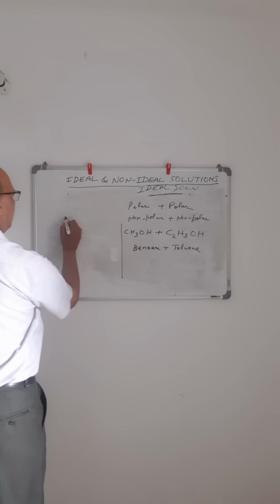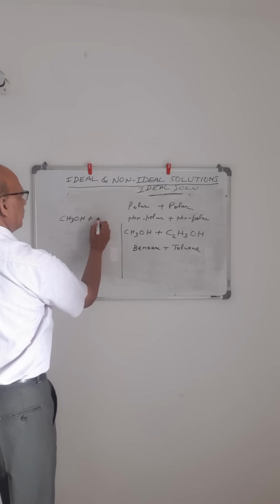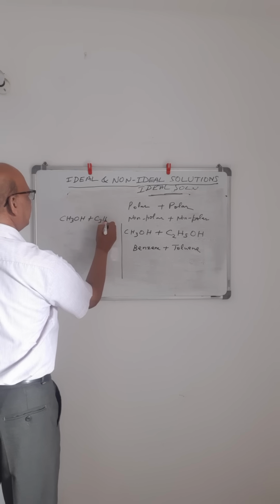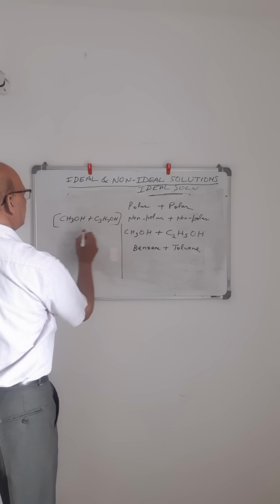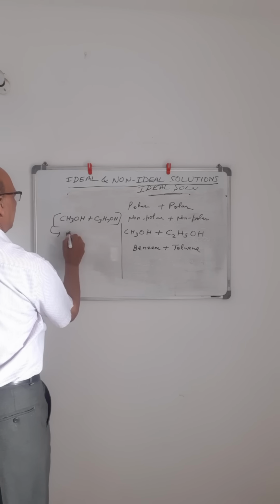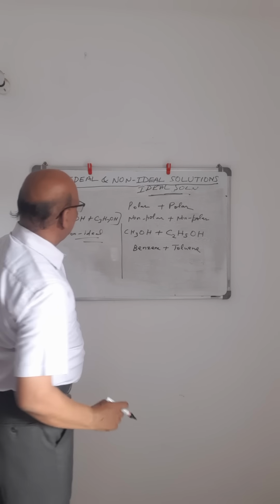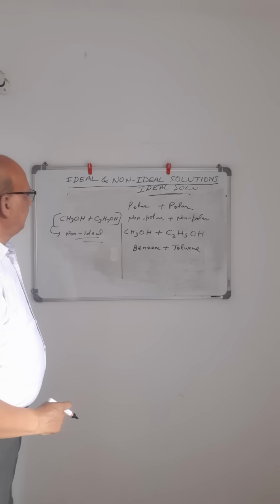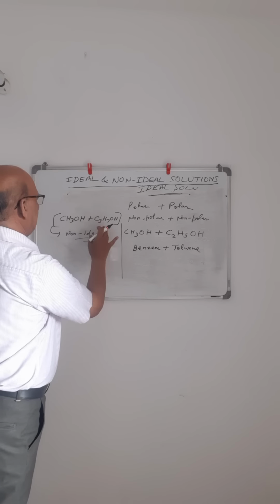If I take, say, methanol plus propanol, that is C3H7OH, then they will not form an ideal solution, they will form a non-ideal solution. Why? Because the molecular interactions will be significantly different because the size change is very high.